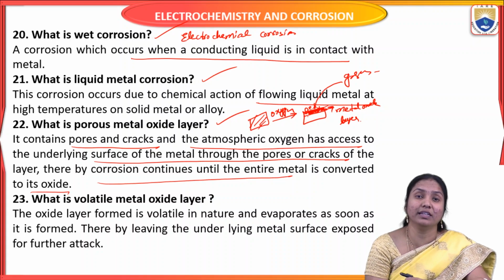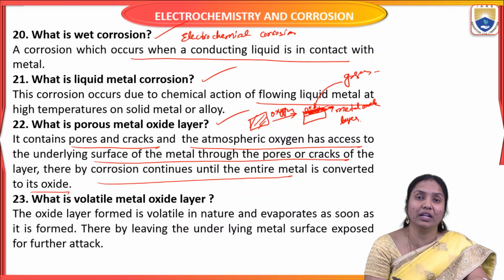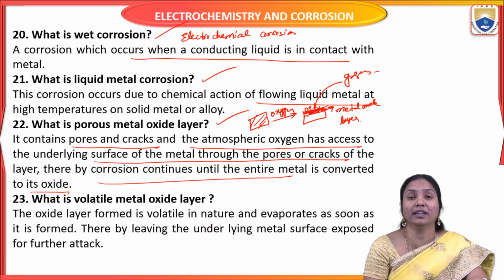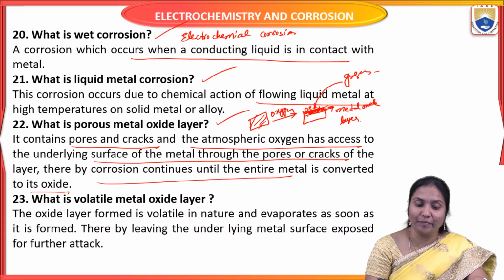If impurities or chemicals create pores or cracks in that layer, oxygen or other gases pass through these pores and attack the metal surface, so the metal easily undergoes corrosion.